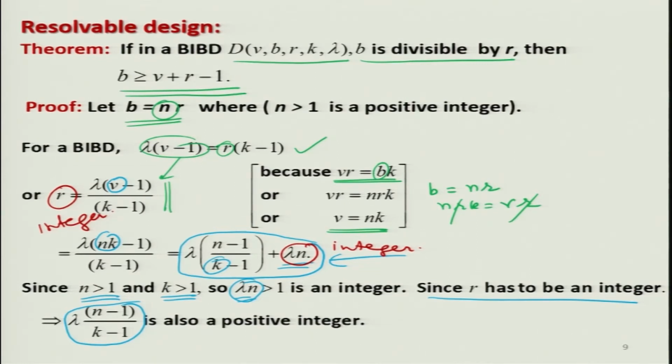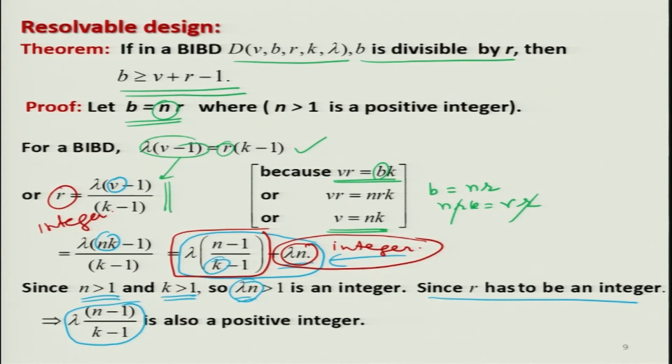So, obviously, when you express R as an integer as the sum of two numbers, out of which one number is an integer, this second part, lambda into N minus 1 upon K minus 1, has to be an integer. But now, how to say that what we are saying is right or wrong?